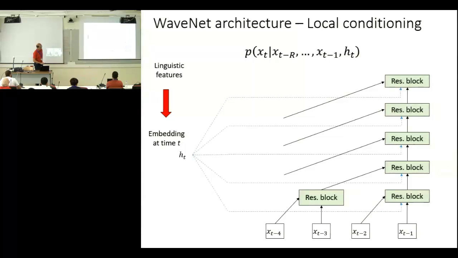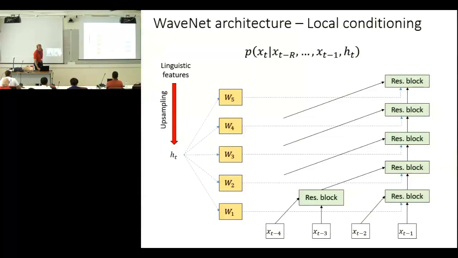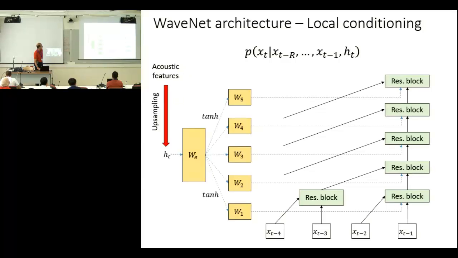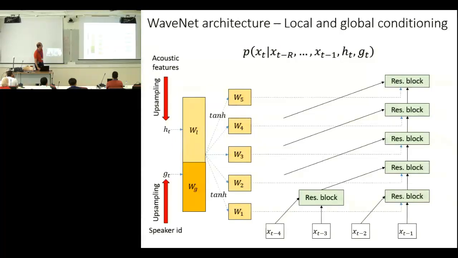And we may use the multiplication with matrices or without matrices. The previous one works better. Or we may also use 2 multiplications and so on. These are some ideas. And we can have at the same time both local conditioning and global conditioning, the speaker ID and linguistic information at the same time.